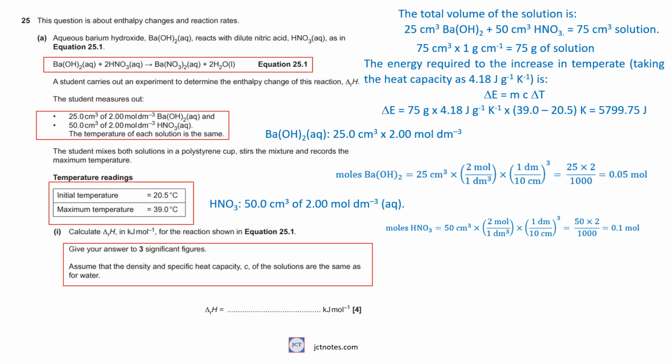The reactants are in stoichiometric proportions, none of them is in excess, and the number of moles of barium nitrate is the same as the number of moles of barium hydroxide, that is, 0.05 mole.